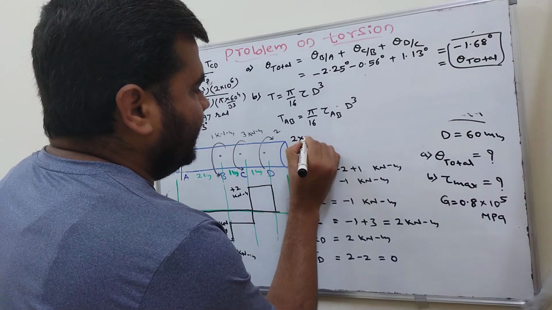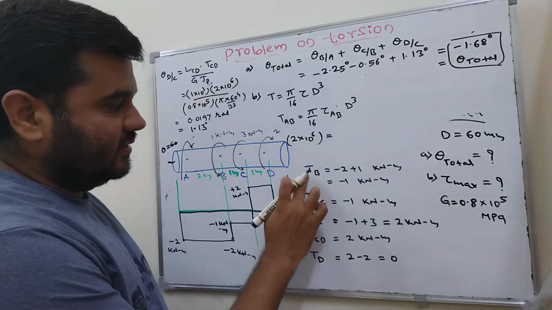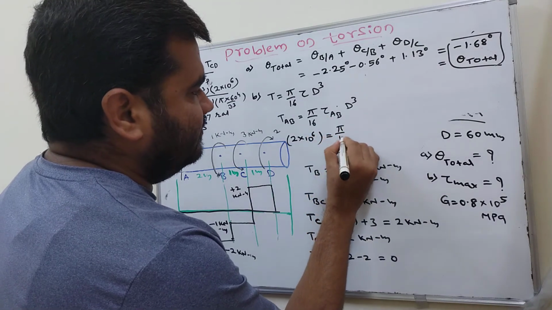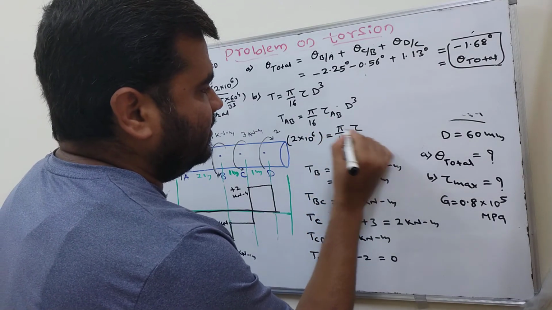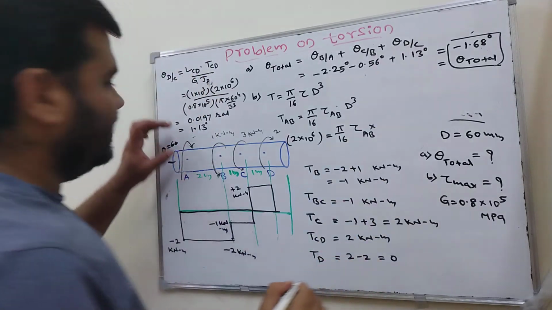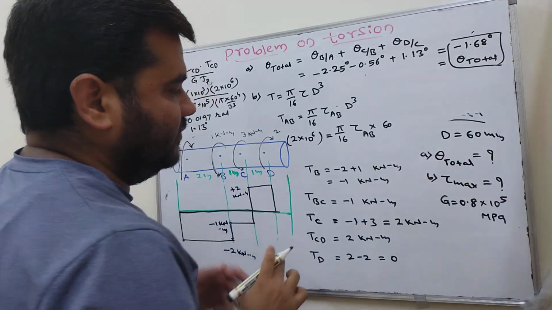So equal to pi by 16 into, I want the shear stress at section AB, into the diameter of the shaft, given here as 60 mm, that is 60 cube.